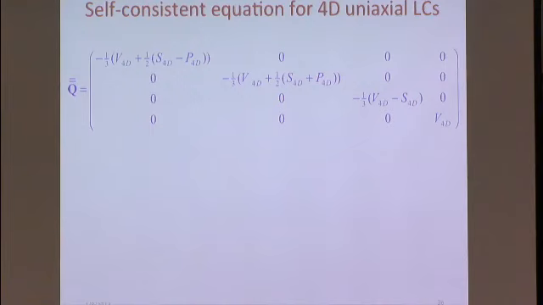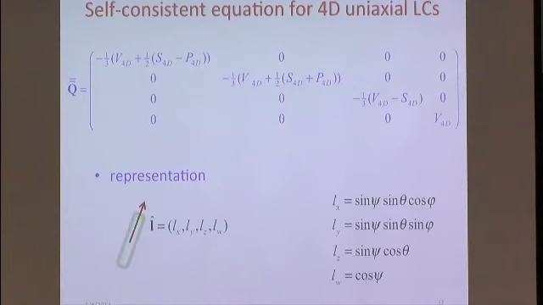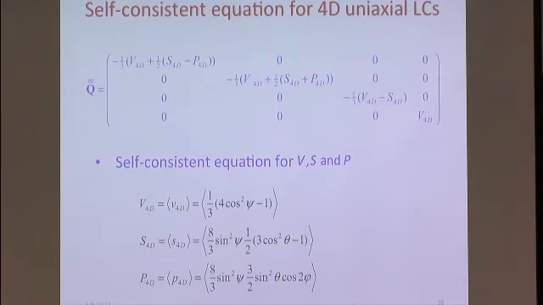So in addition to S and P, we add another one, V. We have a single unit vector in 4 dimensions, and here we characterize this unit vector using simple generalized spherical coordinates. The self-consistent equations for V, S and P are simply in this form.